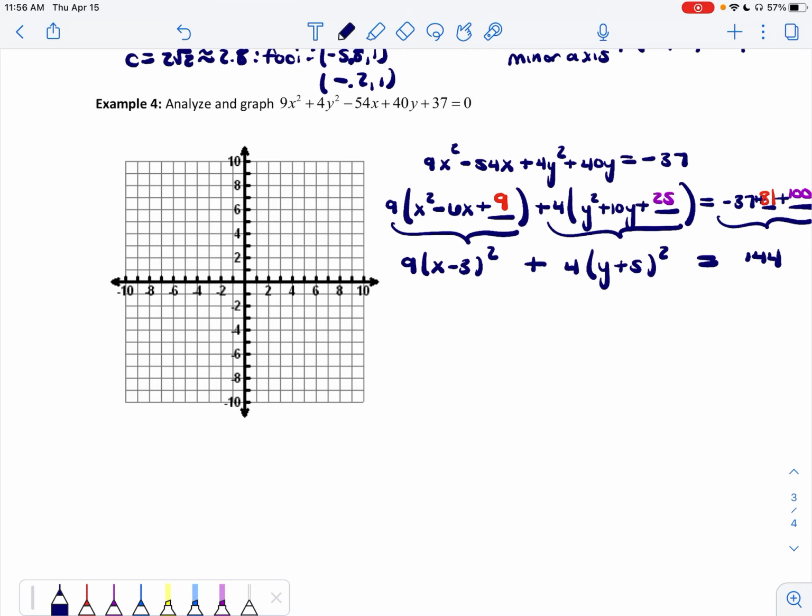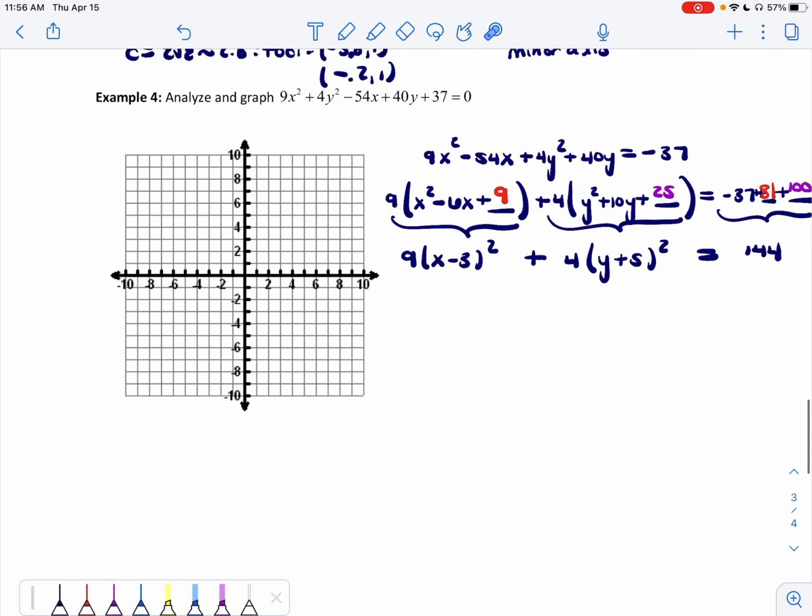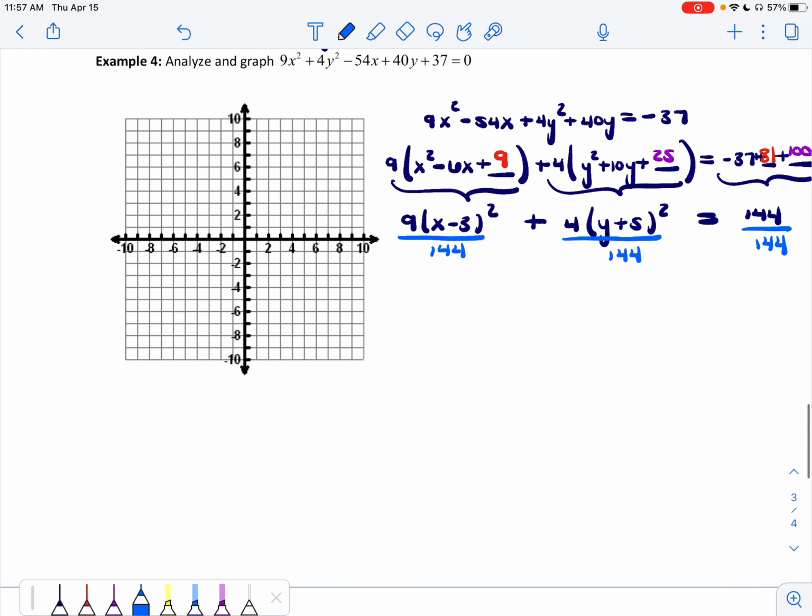Okay, now there's one last step we have to do in order to put this in standard form, and that is to make sure we get a 1 on the right-hand side. So in order to get a 1 on the right-hand side, we're going to divide everything through by 144 and simplify.